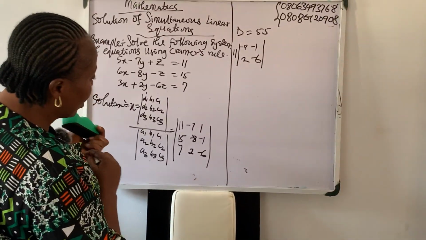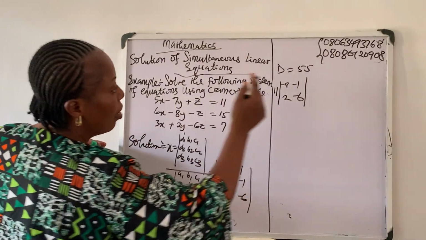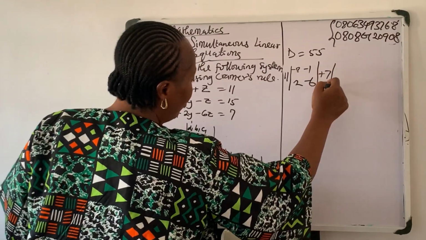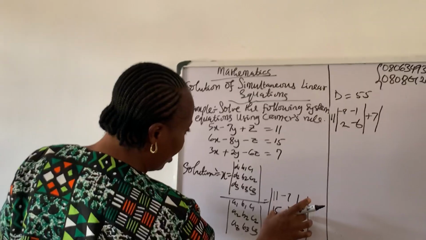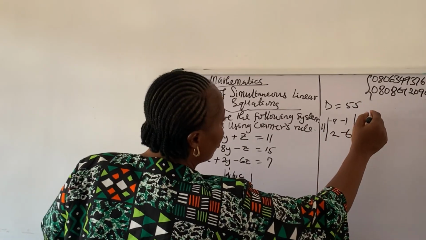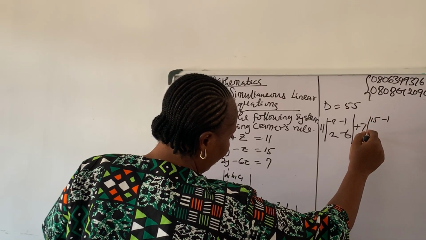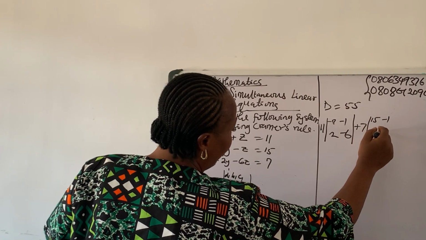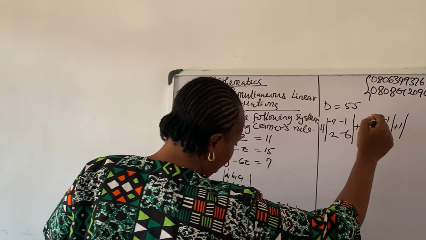Minus times minus is plus. Instead of minus 7, we should write plus 7. And the entries to be considered are 15, minus 1, 7, and minus 6. The next one is plus 1.